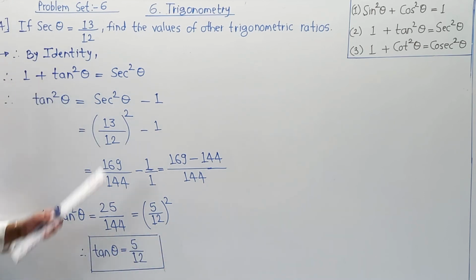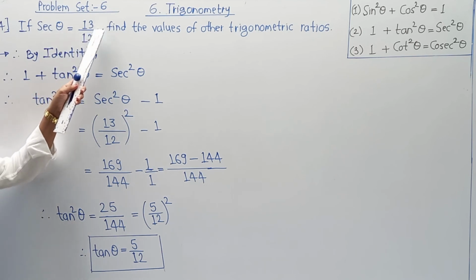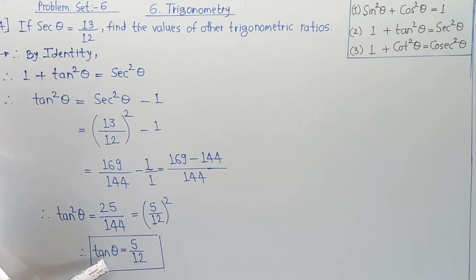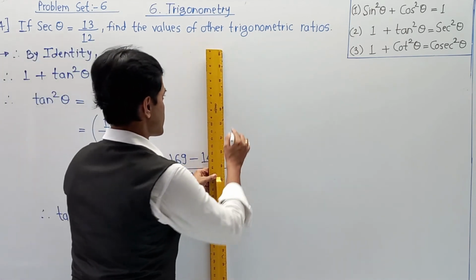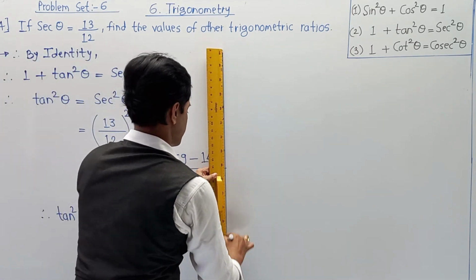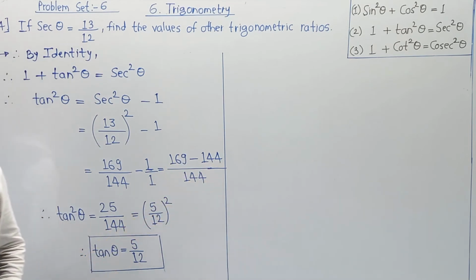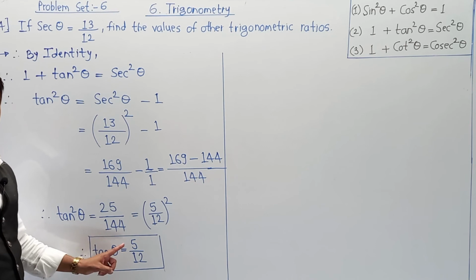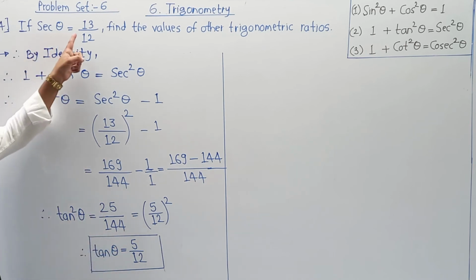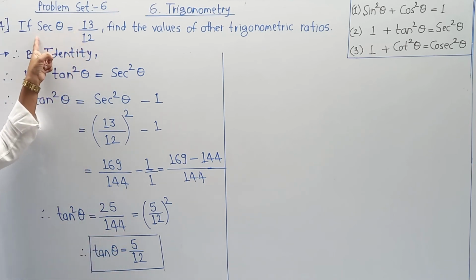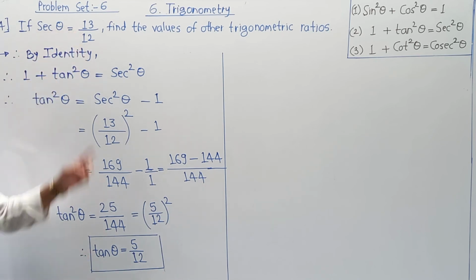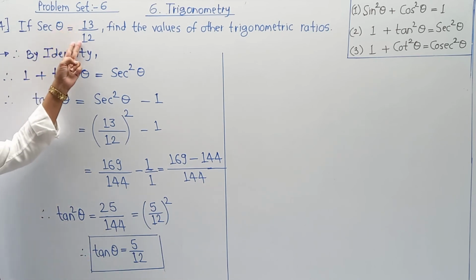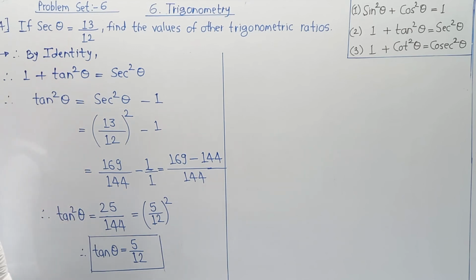Now one value is already given, sec theta, that is 13 upon 12. The second value we are able to get, tan theta, that is 5 upon 12. Now we have to calculate the rest of the values. As tan theta is 5 upon 12 and sec theta is 13 upon 12, sec is nothing but the reciprocal of cos, so if sec theta is 13 upon 12, naturally cos is exactly the reciprocal of that.